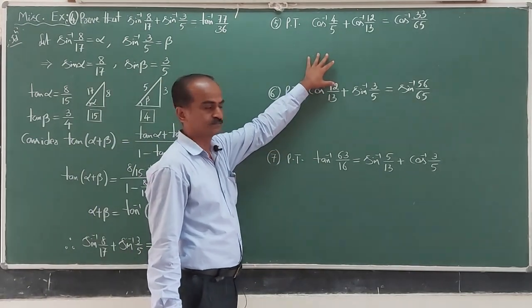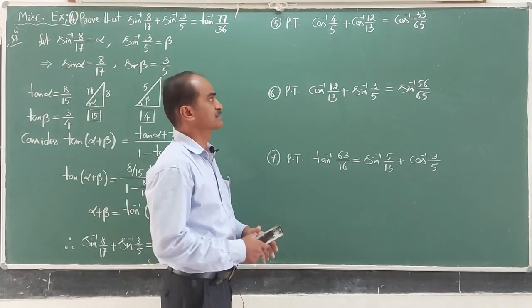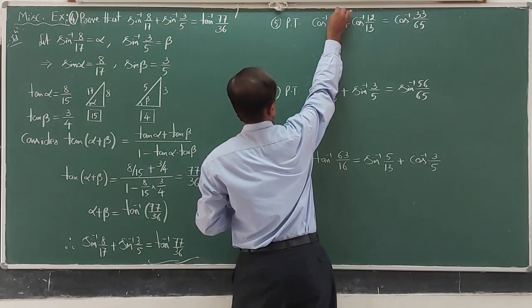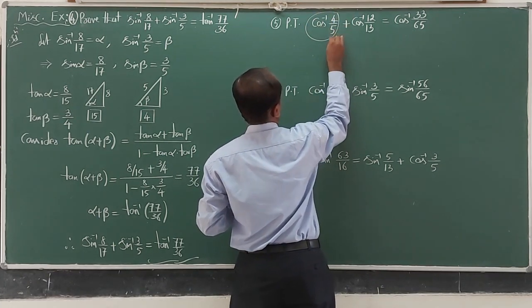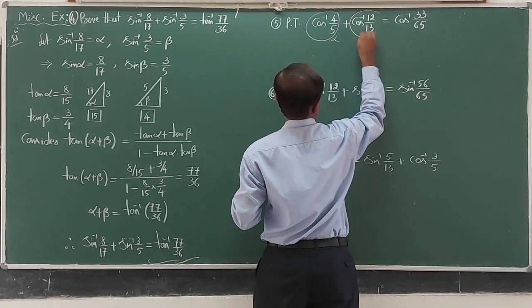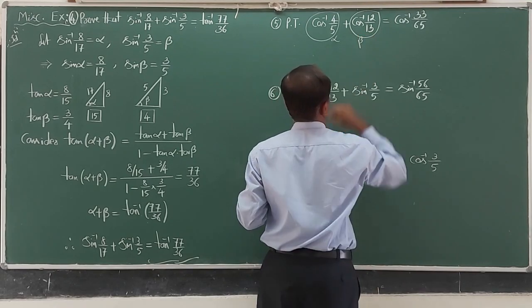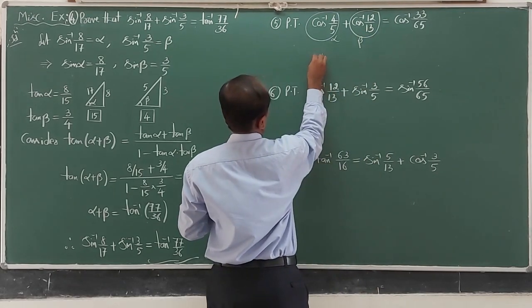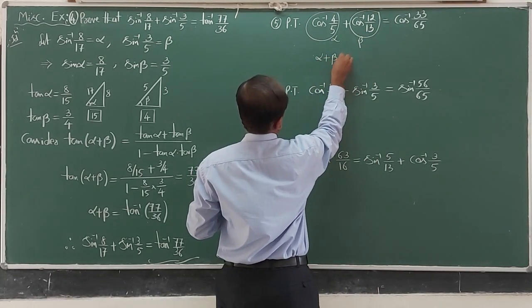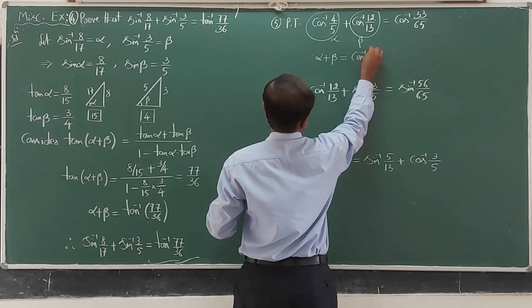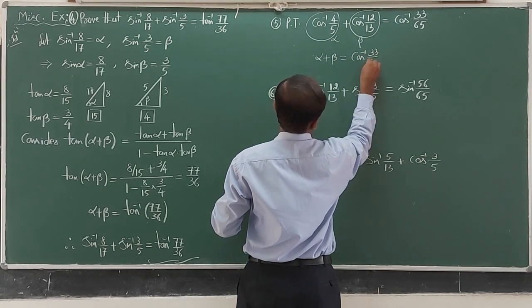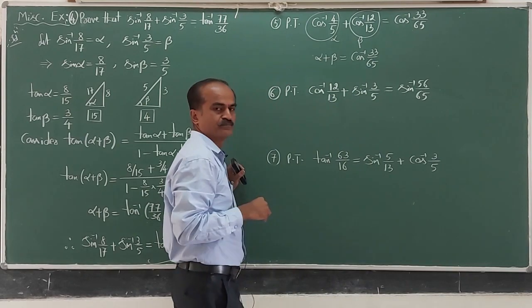Now you can attend these questions. You have to consider this as alpha, this as beta. What you have to prove? Alpha plus beta equal to cos inverse of 33 by 65.